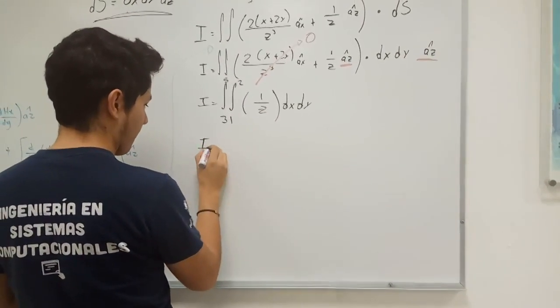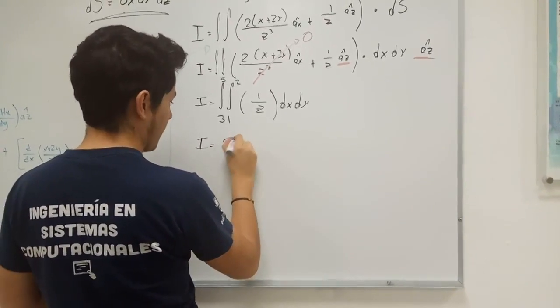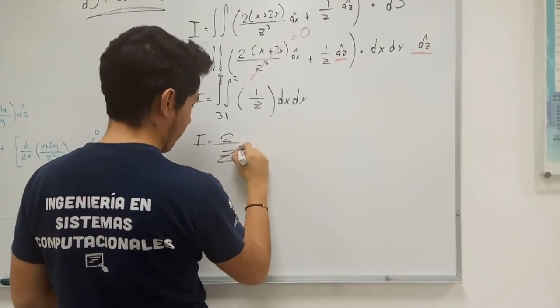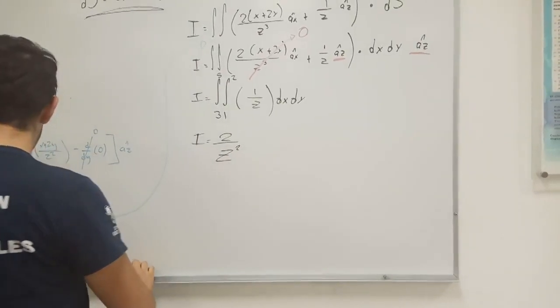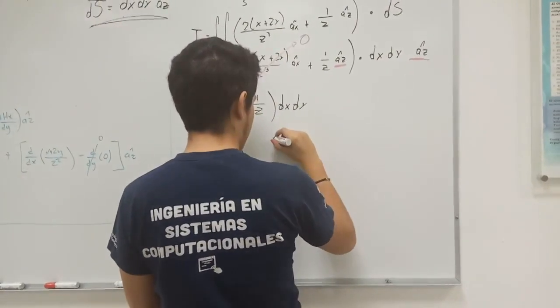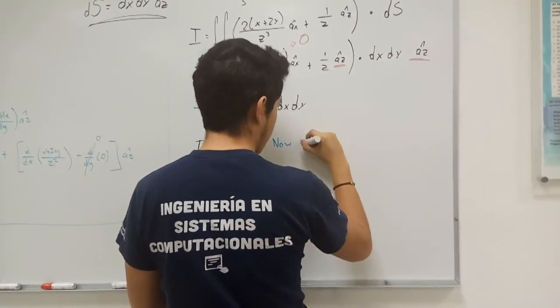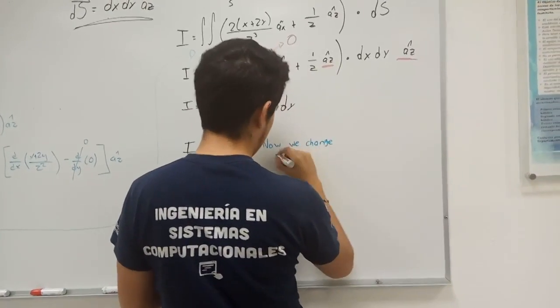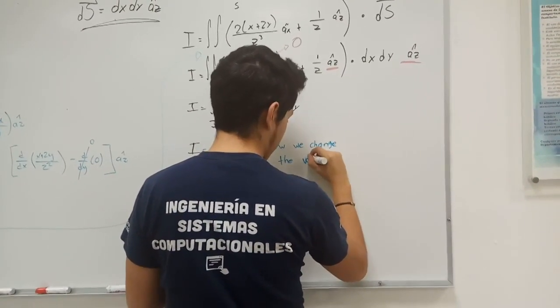So now we can proceed to solve this equation. We can use Symbolab, Wolfram, or any program on the computer to solve it, and finally get the result. The result is 2 over z squared.